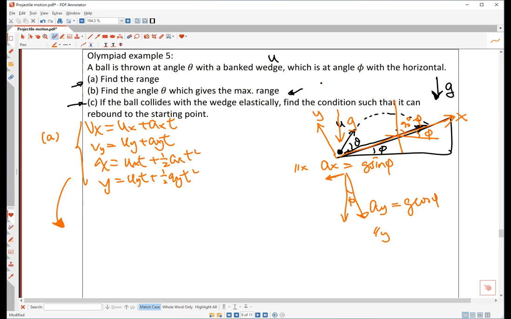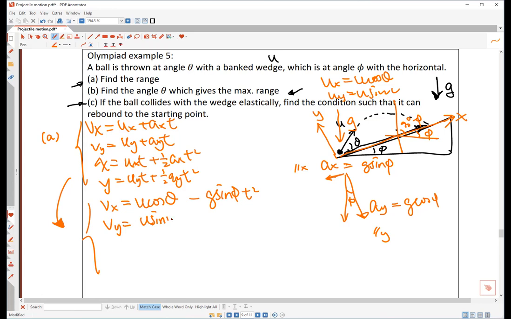I think it's not too difficult. The ux equals u cosine theta, and then the uy equals u sine theta. For ay, there's no square there.